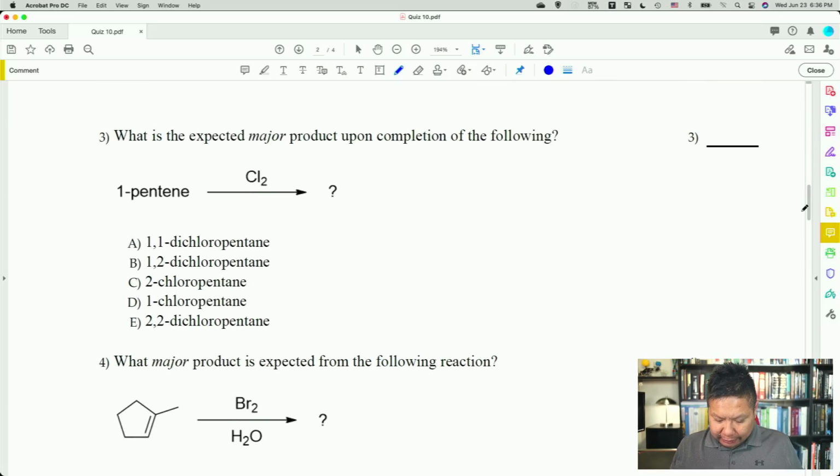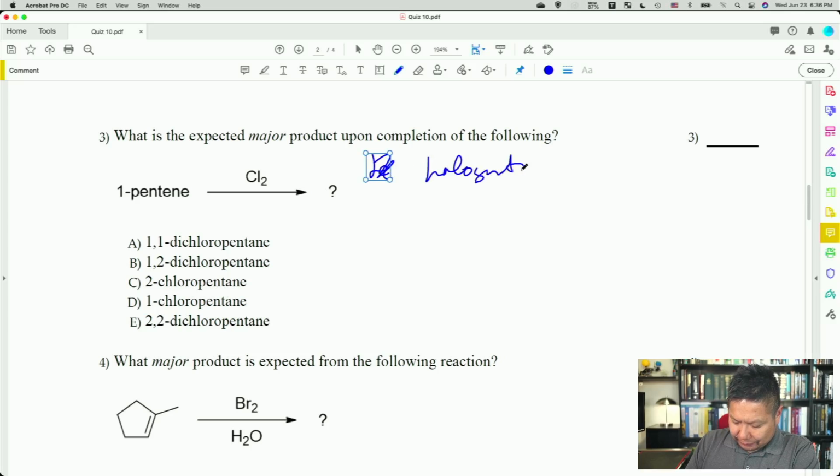Okay, so what is the expected major product upon the completion of the following? So this is just a straight up halogenation. And the product here, since it's 1-pentene, is literally just pentene with 1, 2, 3, 4, 5 carbons, and it starts there.